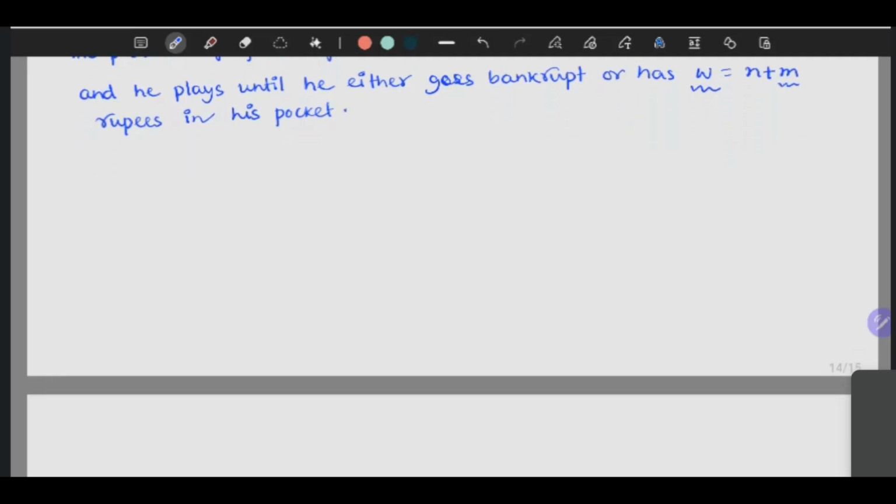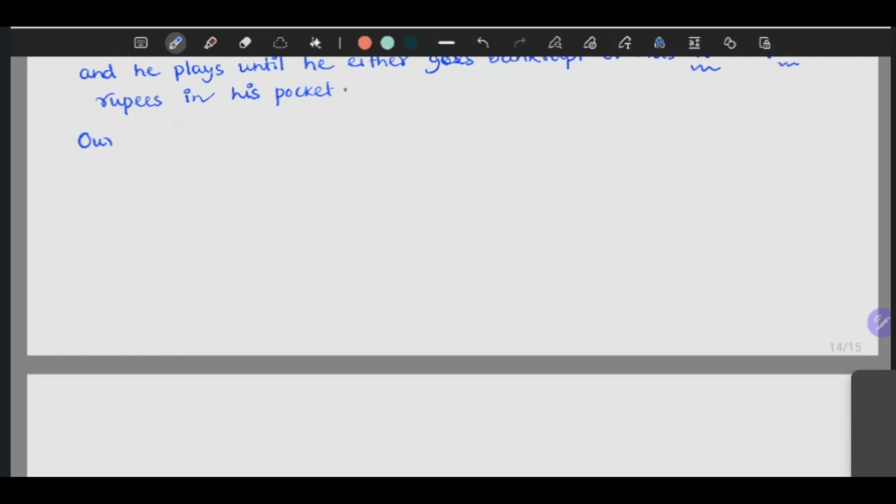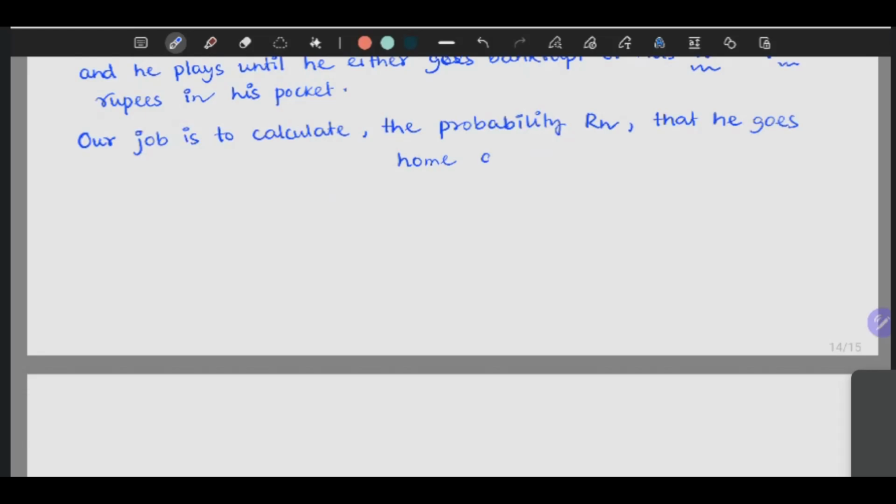Now our job is to calculate the probability Rn, which is that he goes home a winner.